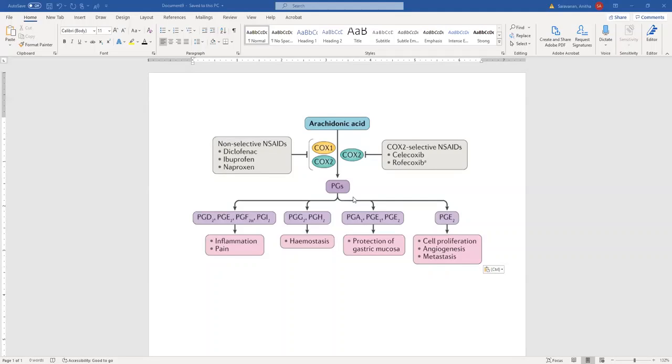So science is always progressing, particularly in terms of inflammation. So if you think of COX-2, they are selective NSAIDs. So when we say NSAIDs, they are non-steroidal anti-inflammatory drugs. So they're not steroidal like corticosteroids, okay? These are non-steroidal anti-inflammatory drugs.